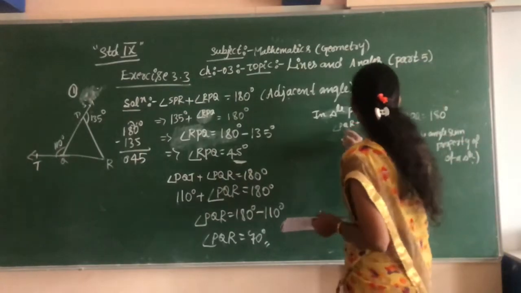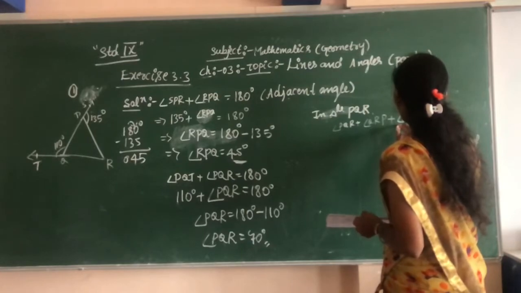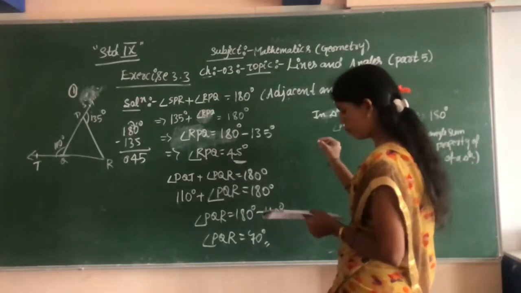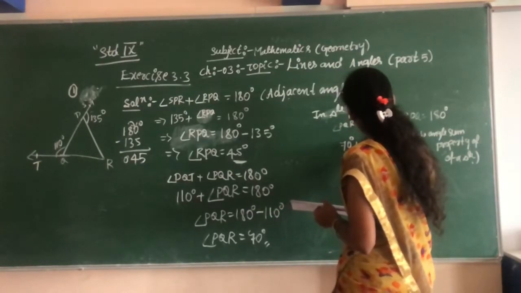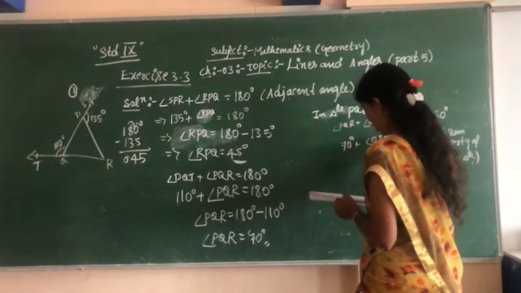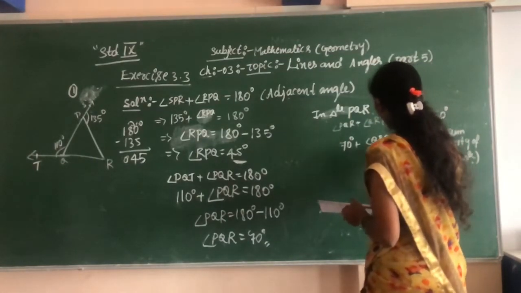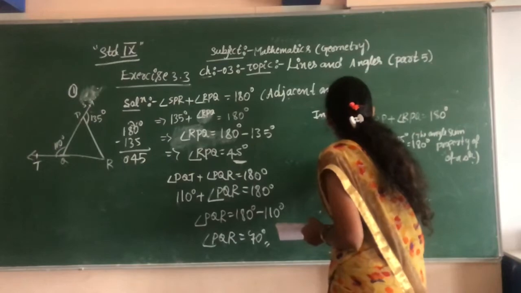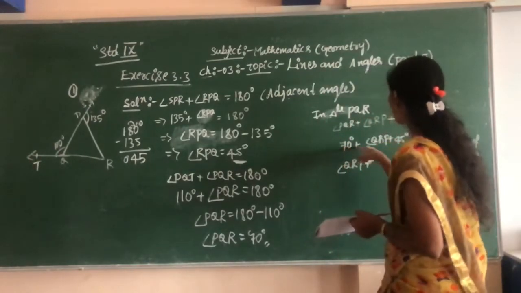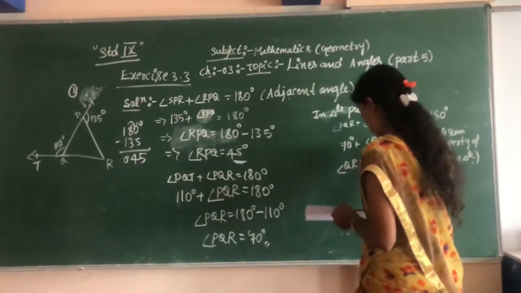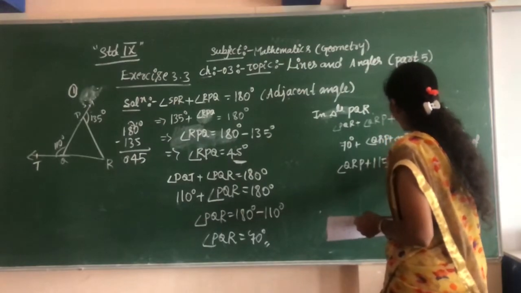Okay. Angle PQR plus angle QRP plus angle RPQ. Angle PQR, how many? 70 degree. Angle QRP plus 45 degree is equal to 180 degree. Angle QRP plus 70 plus 45, how many? 115 degree. So angle QRP plus 115 is equal to 180 degree.